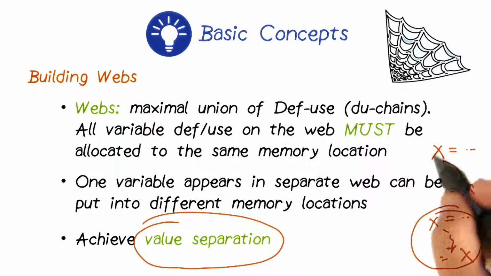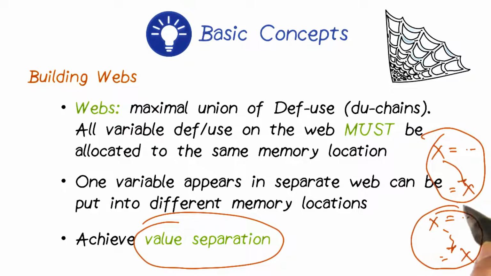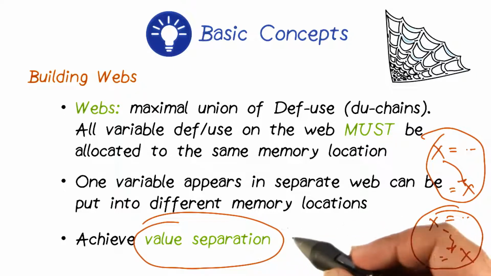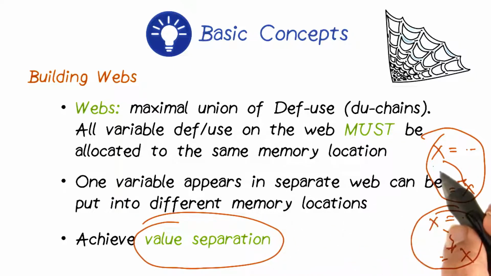So these two are two separate webs here, and therefore they could be put into totally different locations. And this concept is called value separation that we saw earlier. Now why is this important? This is important because that way we can separate the load stores for these two webs, and the webs define what load stores exist in what part of the program.